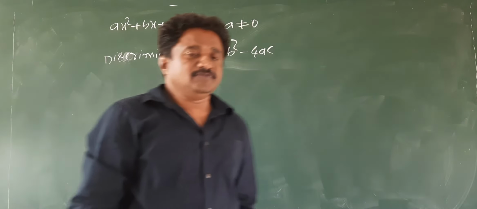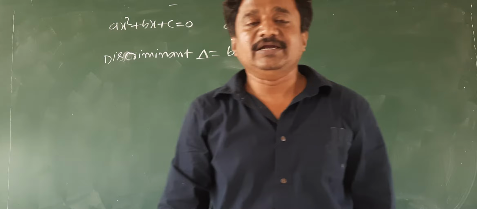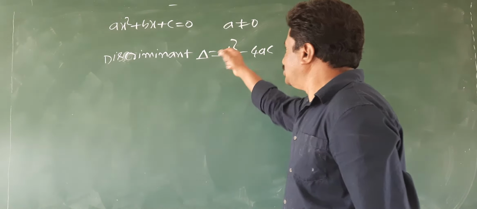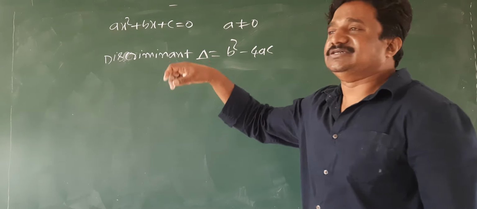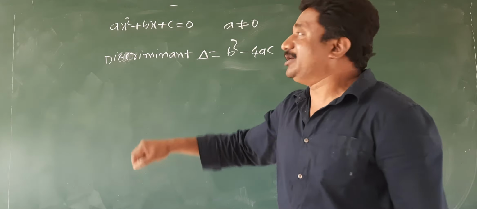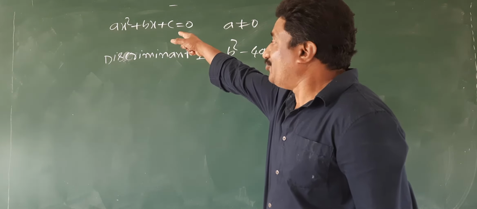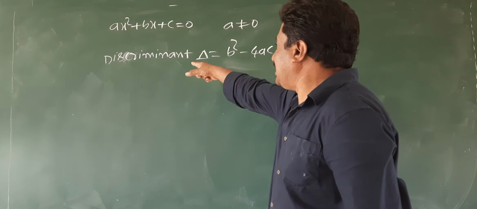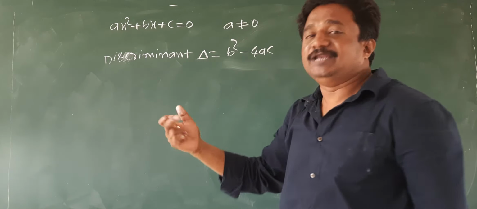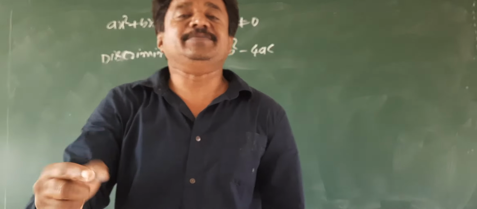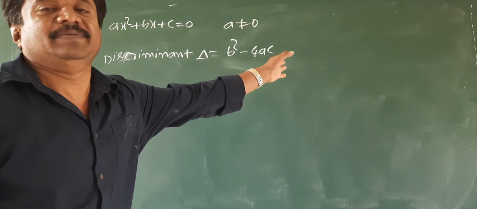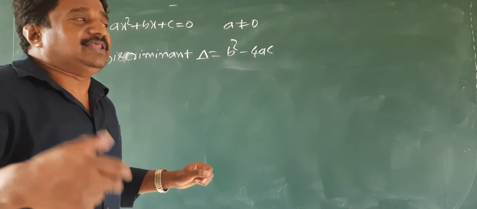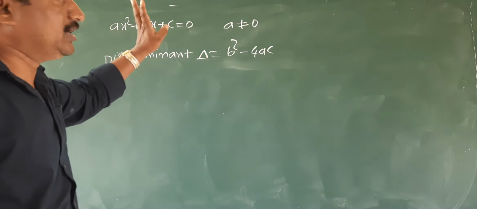To check the nature of the roots of the quadratic equation, this discriminant helps us. By seeing the value of the discriminant, you can decide the nature of the roots.